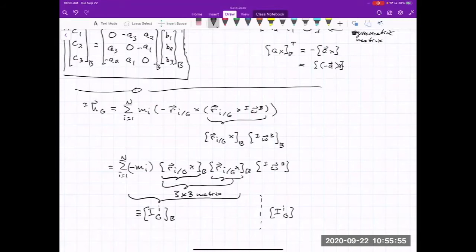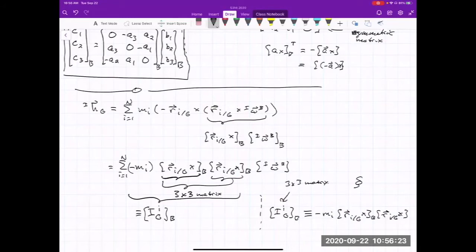This is a 3x3 matrix that equals, it's defined to be negative the mass times this product of two matrices, following the rule up above of taking a column vector and turning it into a 3x3 matrix.